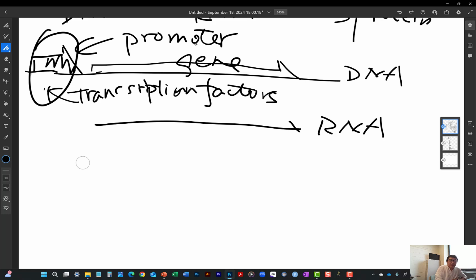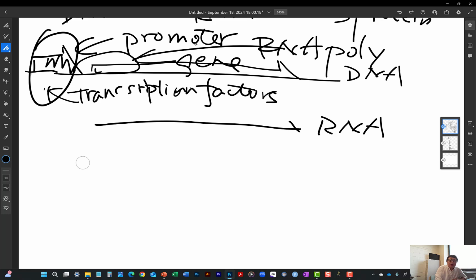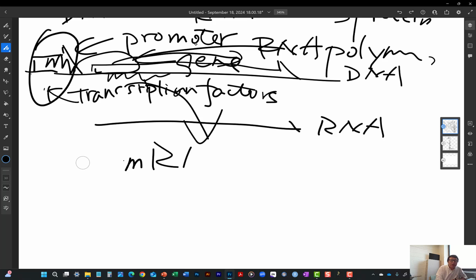Transcription factors bind to the promoter, and then recruit RNA polymerase, which initiates the transcription. Once initiated, the RNA polymerase will walk along the gene and, based on the gene sequence, make the RNA. This RNA made is called an mRNA.